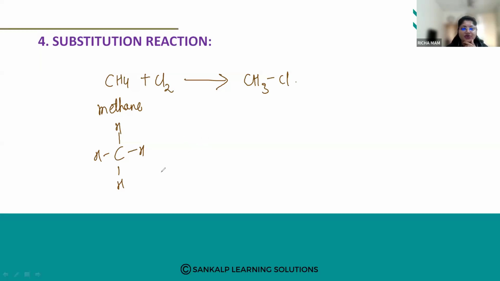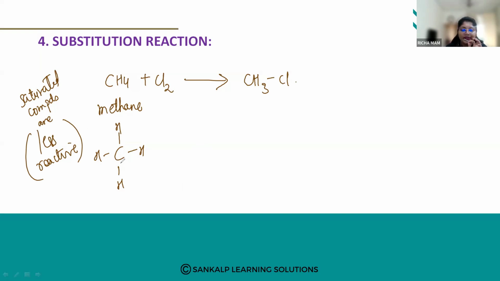When we were discussing saturated compounds, we mentioned that they are less reactive, right? Saturated compounds are less reactive. So we have to consider methane.